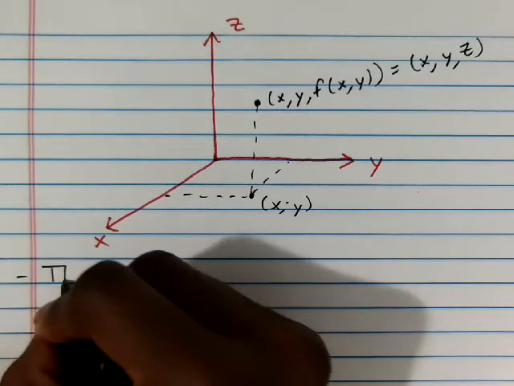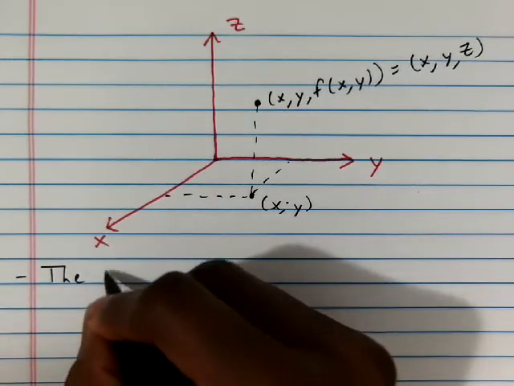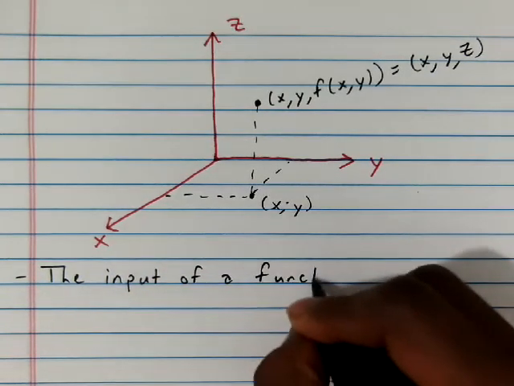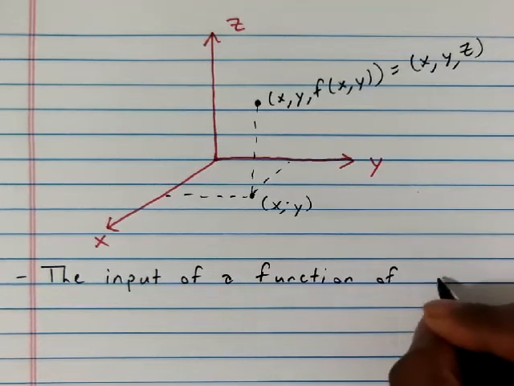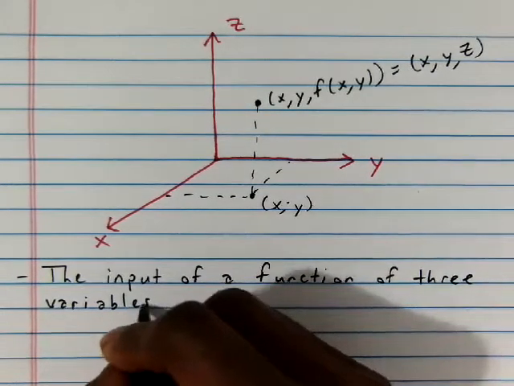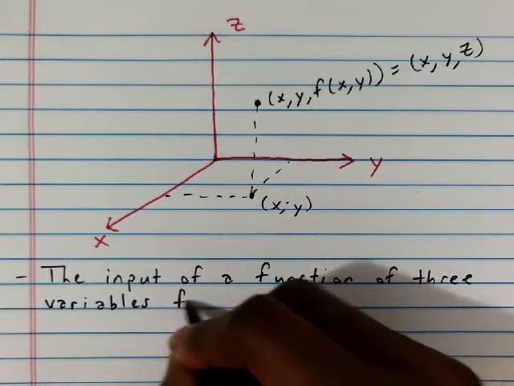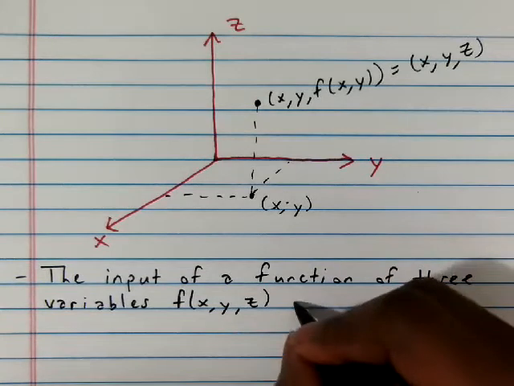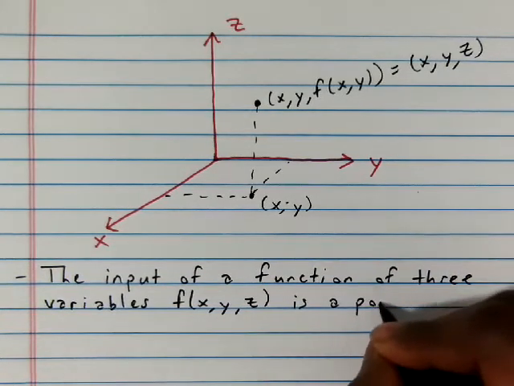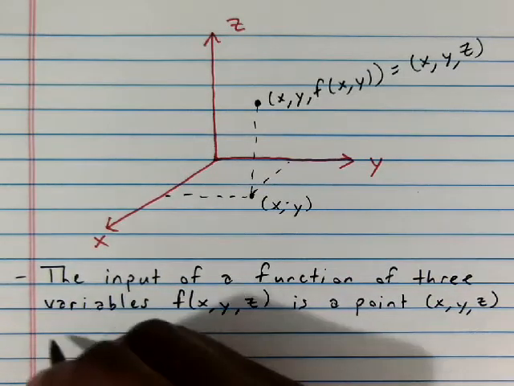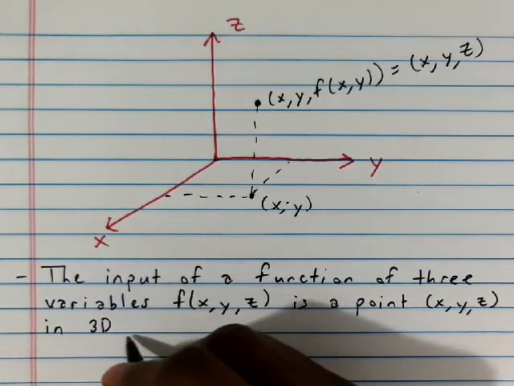So the input of a function of 3 variables, f of x comma y comma z, is a point x, y, z in 3D.